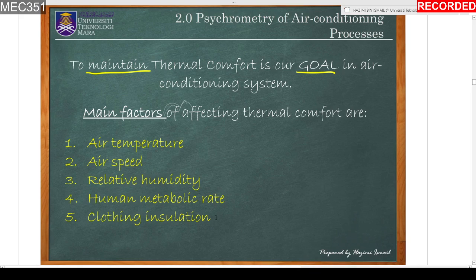Kalau awak bogel dan sejuk tu pun tak mencapai our thermal comfort goal.